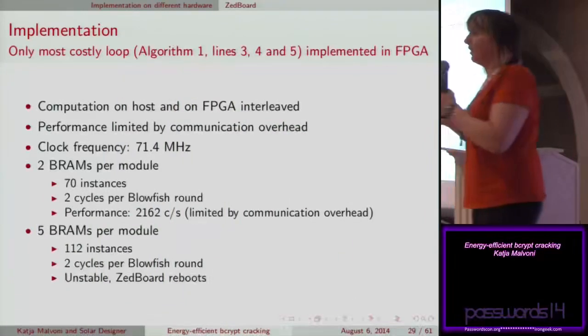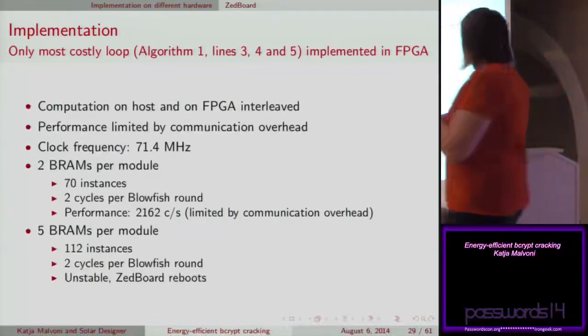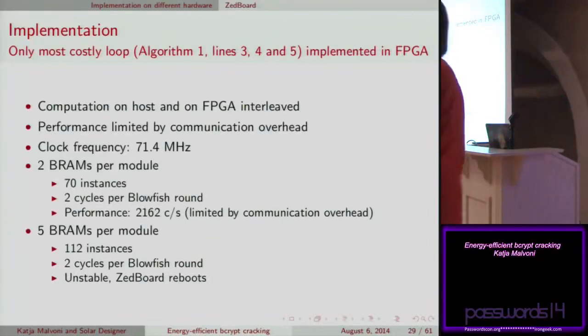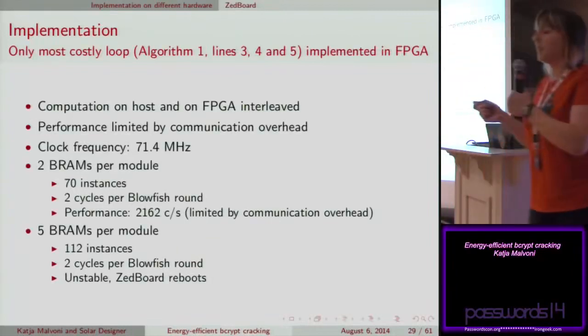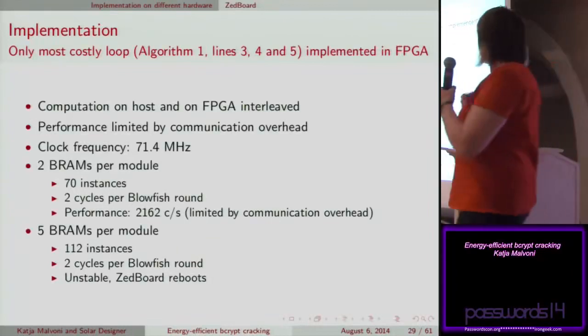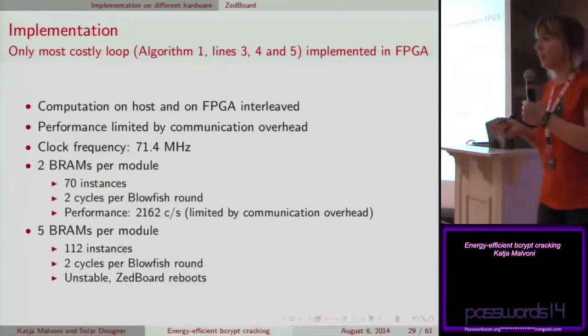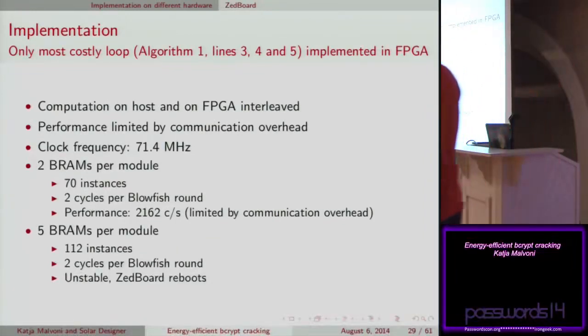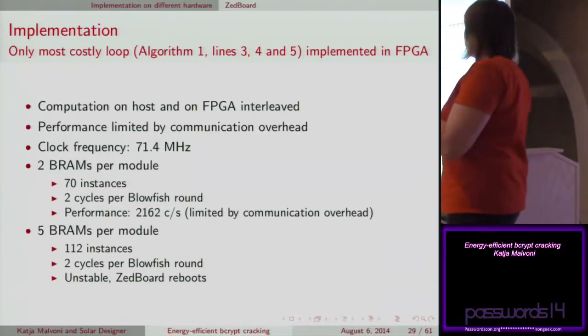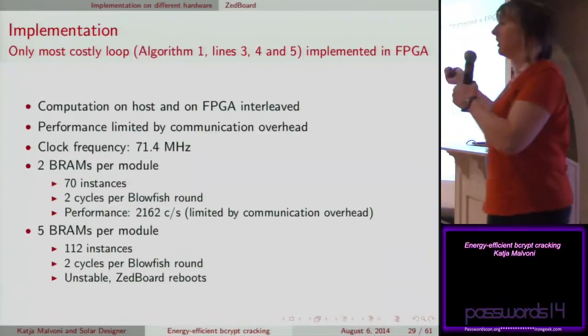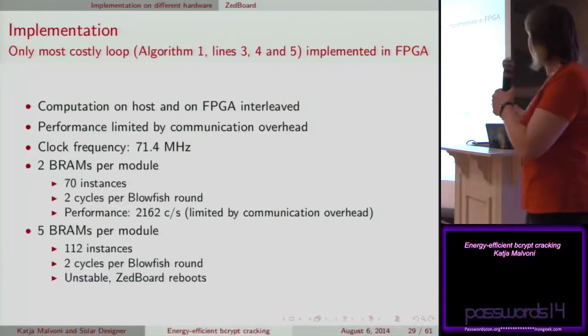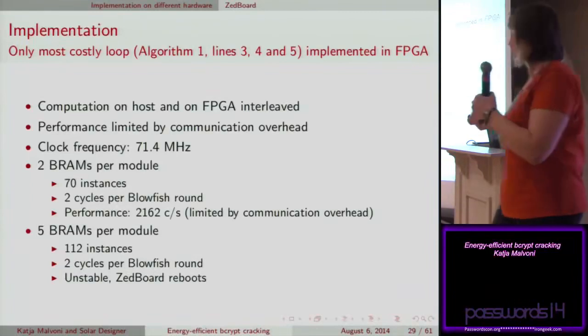So what happened with this memory layout? Only the most costly loop, the one that runs to the power of cost times, was implemented in the FPGA. Some computation was done on the host and some on the FPGA, and those were interleaved. Clock frequency dropped because of the higher number of instances, which caused routing overhead and delays.